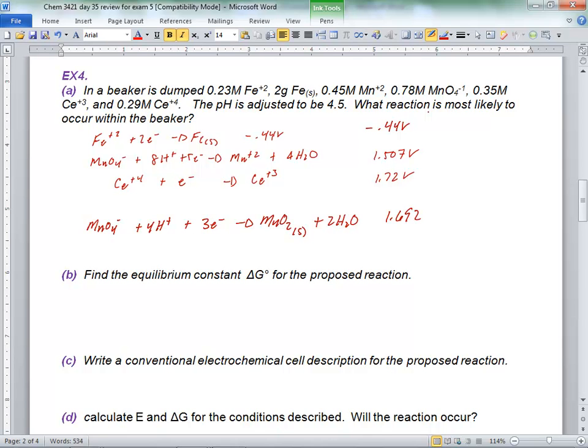Okay, so I wrote down all of these three. See if you agree with me so far. I just copied down the reduction potentials. Now I have 4. I don't know if you recognize to write down this one or not.